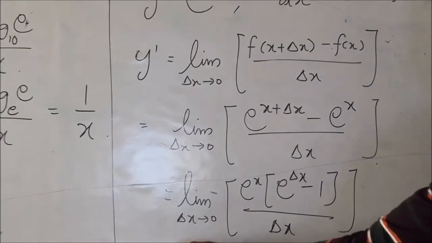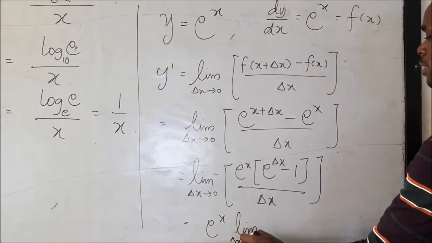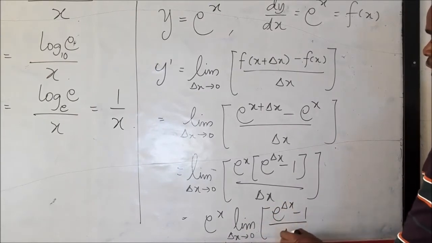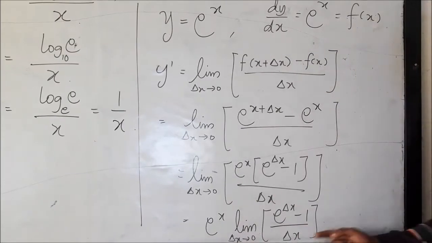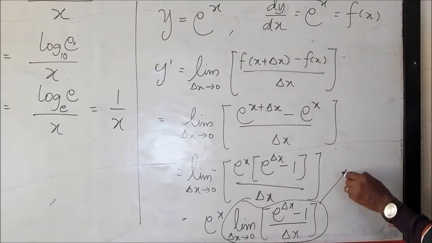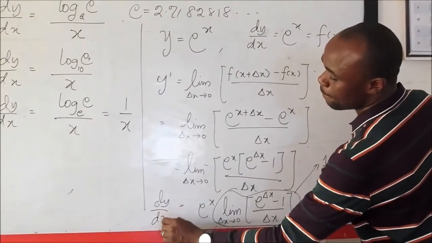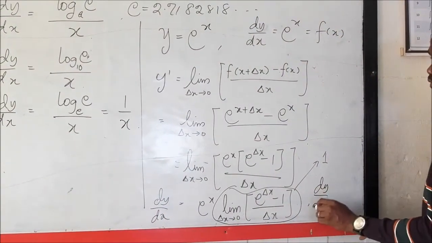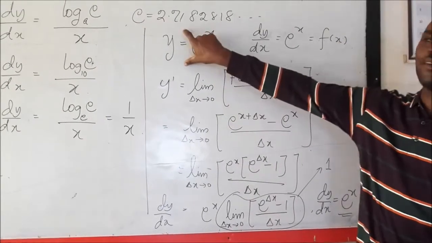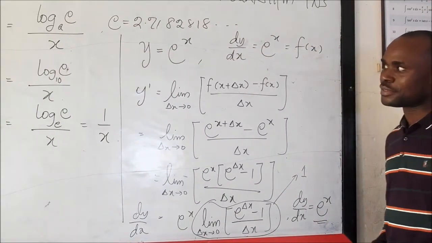The truth is that this is going to give us e raised to the power of x times the limit as change in x tends to 0 of e raised to change in x minus 1, over change in x. And this is a special limit, and it is equal to 1. So what will be left is just our dy/dx, which is simply equal to e raised to the power of x. That is why when you have a function e raised to the power of x, the derivative remains e raised to the power of x.